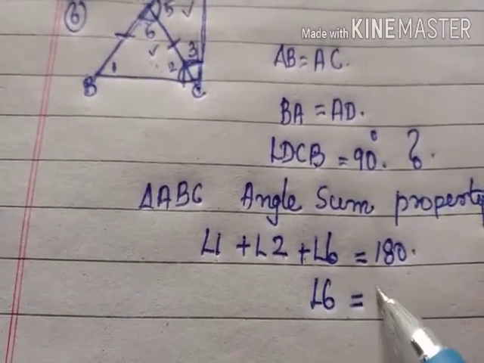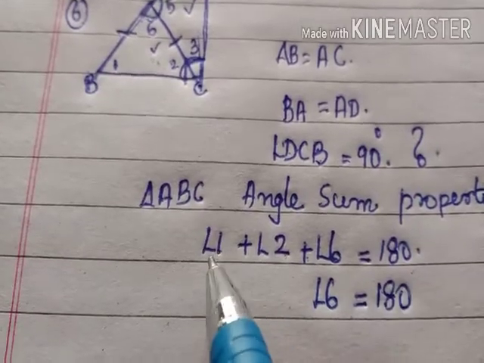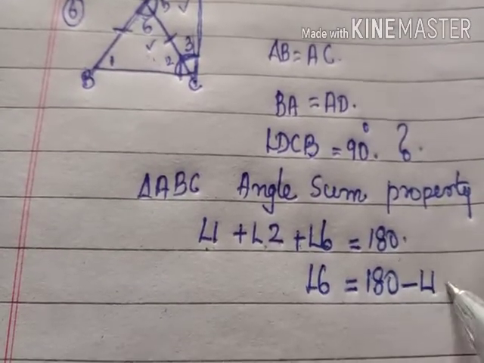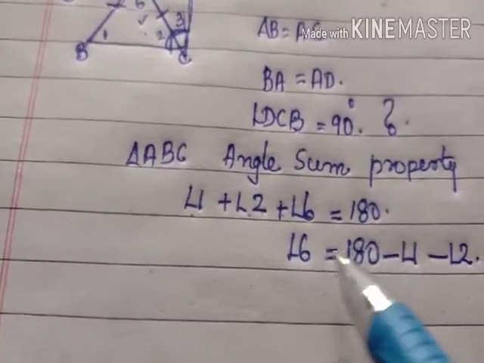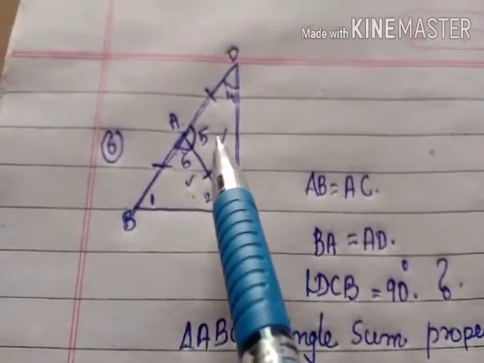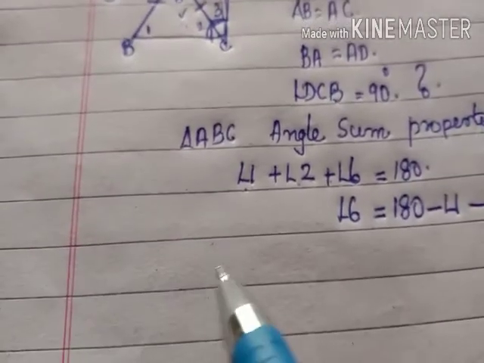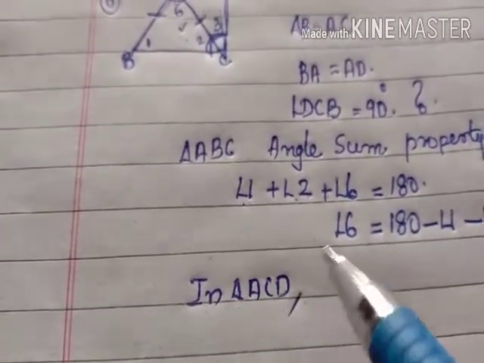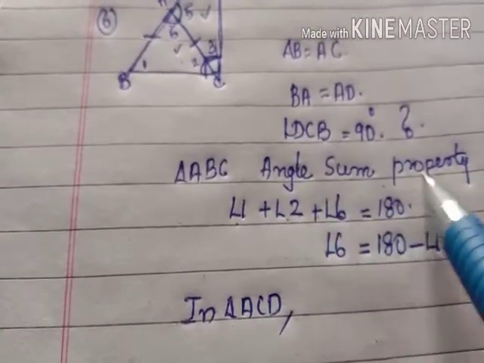Now angle 6 is 180 minus angle 1 and angle 2, taken to the right side. So minus angle 1 minus angle 2. And similarly in triangle ACD, we are going to apply the same angle sum property.